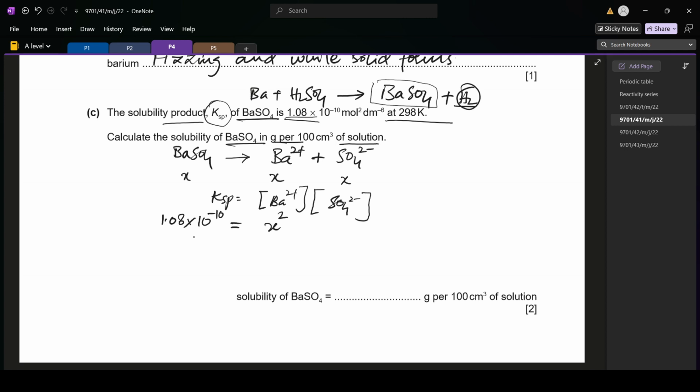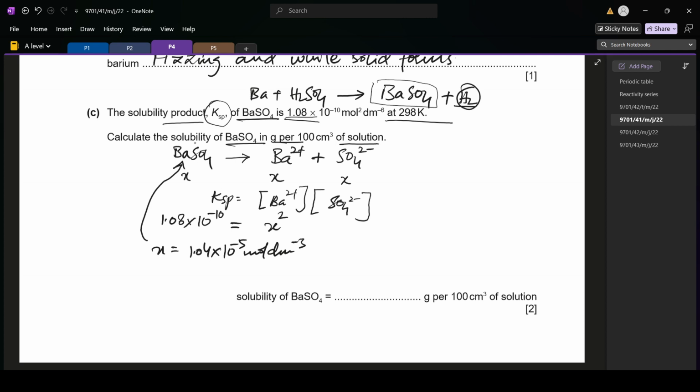Okay, so from here you will find x, and x is going to be 1.04 × 10^-5, and this is in mol per dm³. This is the concentration of barium sulfate in mol per dm³.